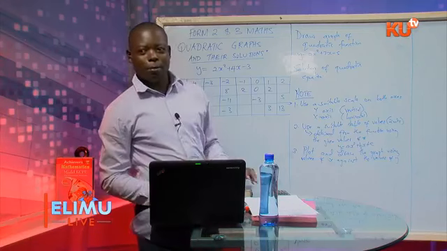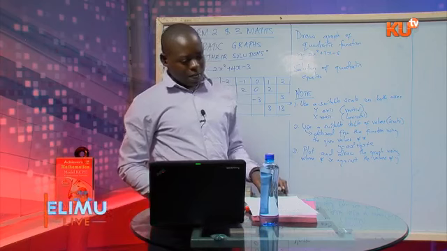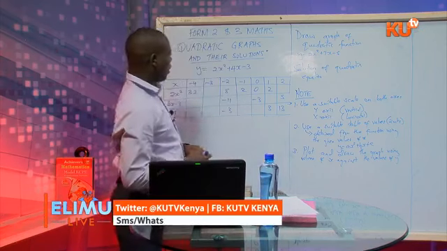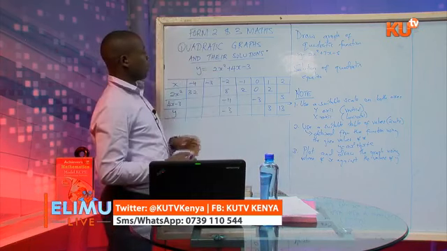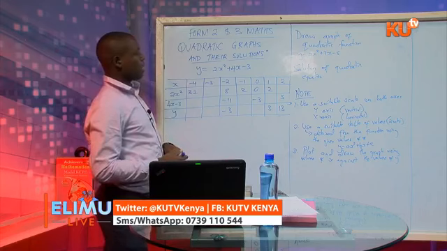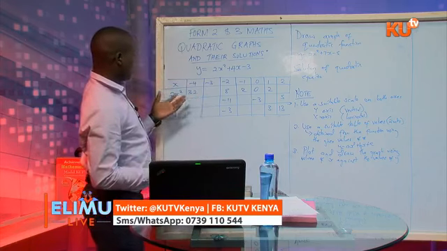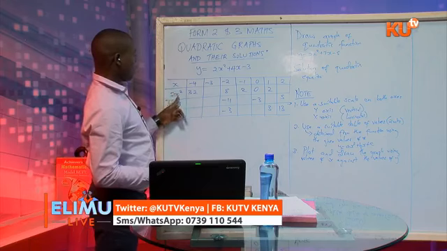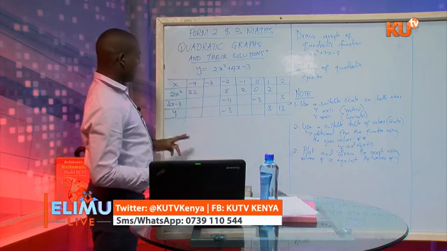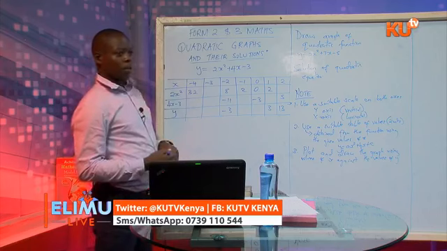So let's see how we fill the table. In this case, the function is y equals 2x squared plus 4x minus 3. They have grouped the parts for 2x squared, 4x minus 3, and y.